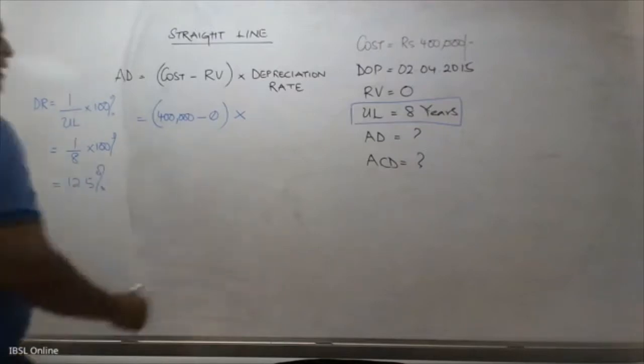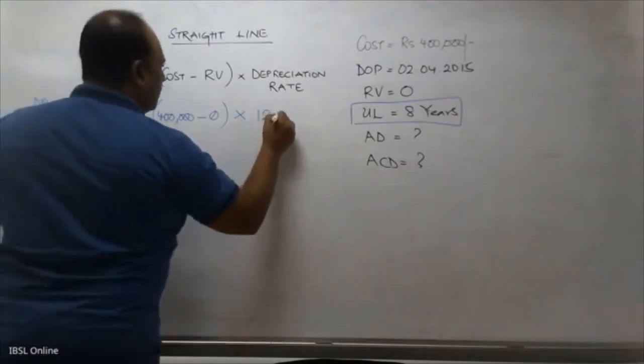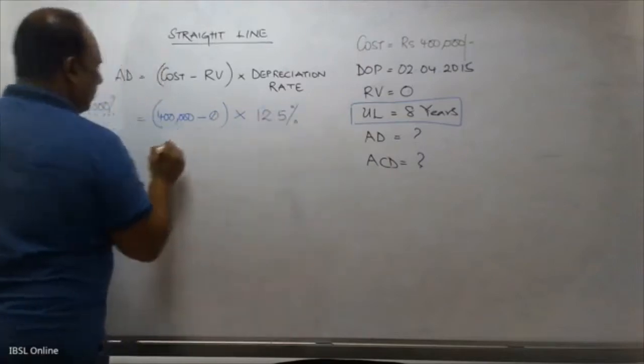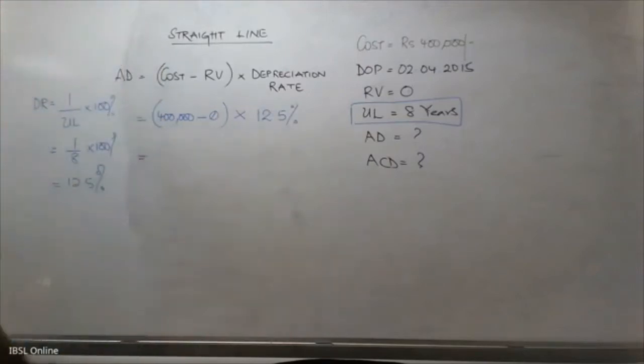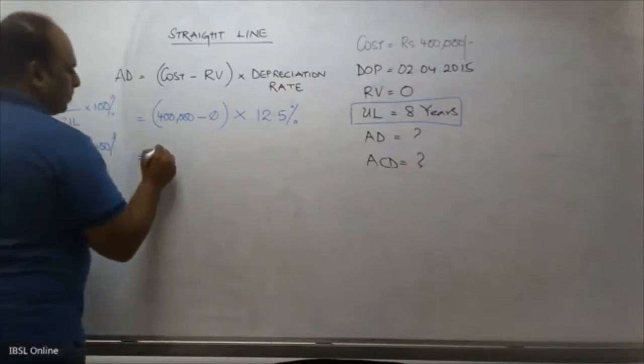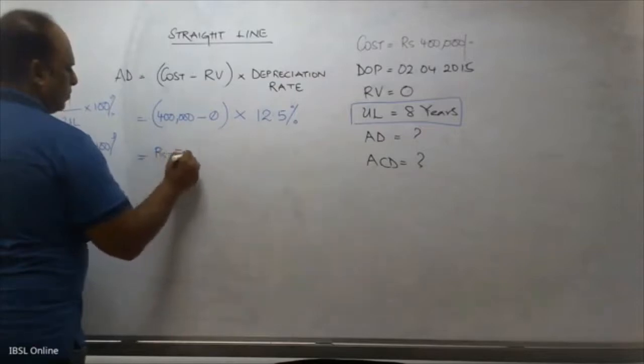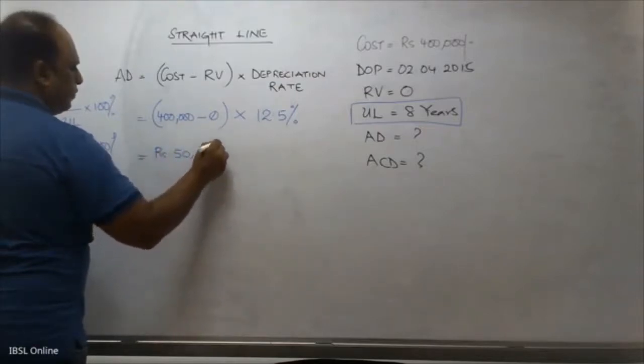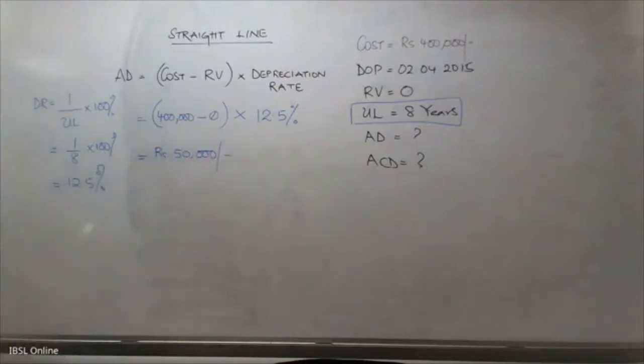So I apply that 12.5% here. Then what is the answer that I get? 50,000. Am I correct?